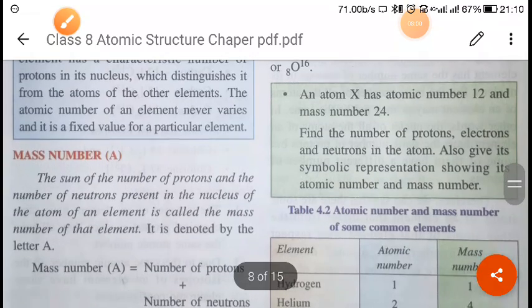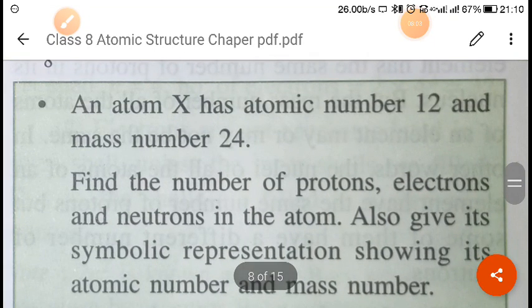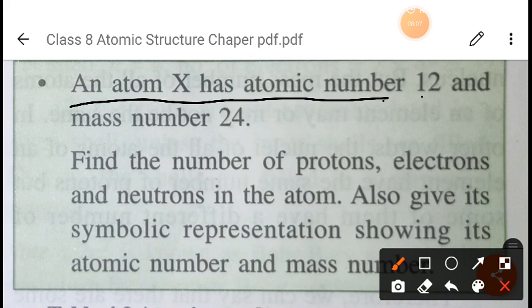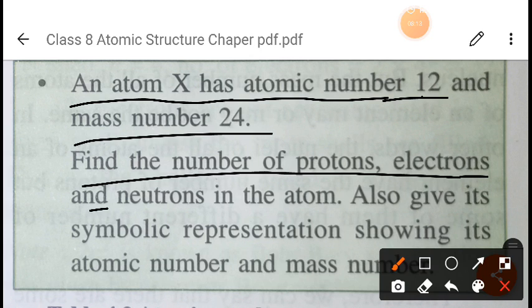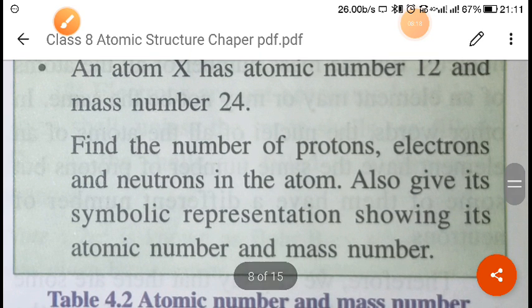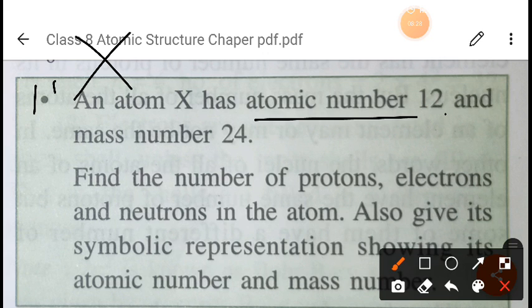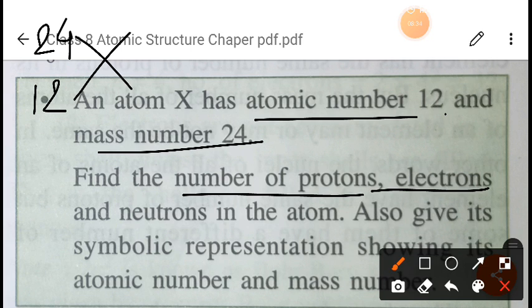Now one more thing is written here. An atom X has atomic number 12 and mass number 24. Find the number of protons, electrons and neutrons. Suppose this is a question. The atom is X, the atomic number is 12, which should be written here, and the mass number 24 is written on top. They have asked for the number of protons, electrons and neutrons.